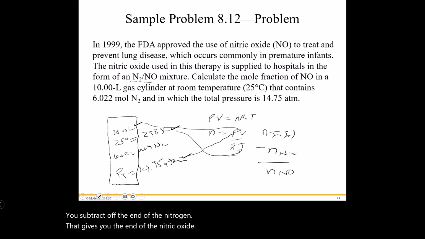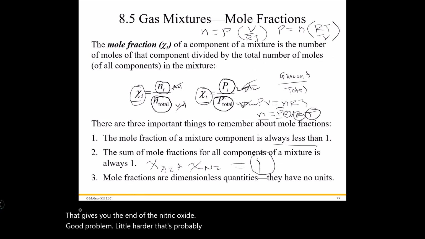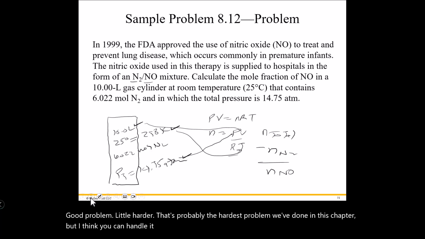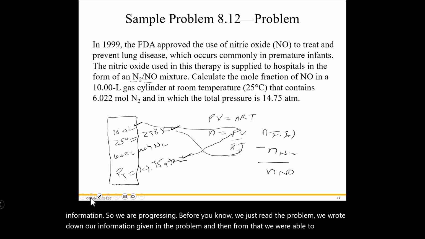Good problem, a little harder. That's probably about the hardest problem we've done in this chapter, but I think you can handle it. The main thing to me is draw the picture and write down your information. So we are progressing. Before, we just read the problem, we wrote down our information given in the problem, and then from that we were able to derive which equation we need.